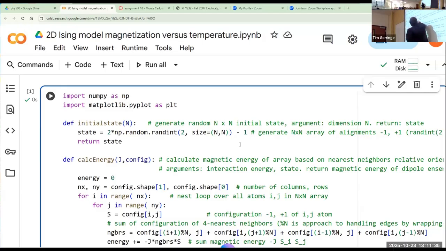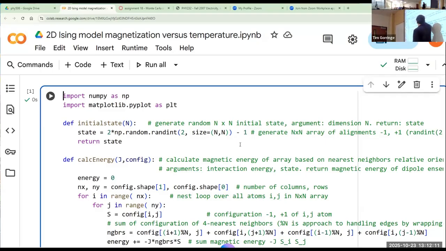So we call this, and this function just contains this one call to random integer. Random integer generates a random integer, that's how we've used it before, or it can generate an array of random integers, which could be one-dimensional or multi-dimensional. So here I'm asking it to generate an n by n array of integers, where the integer values are from 0 to 1 less than this value here.